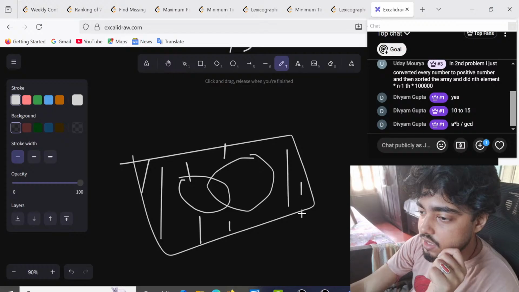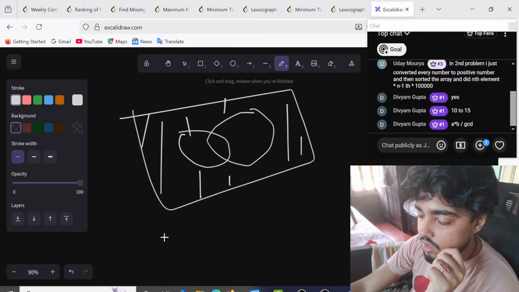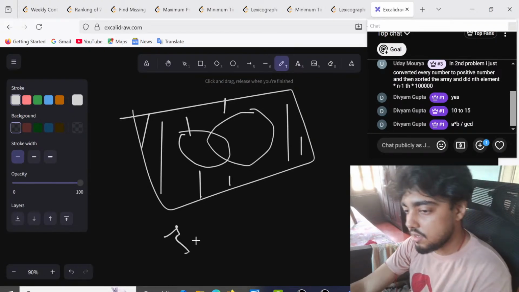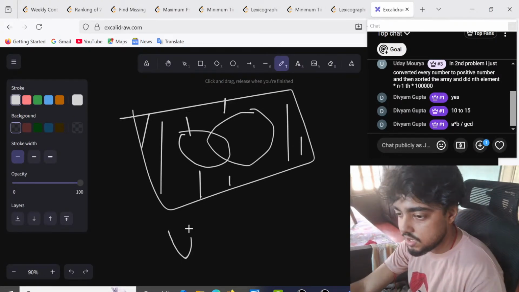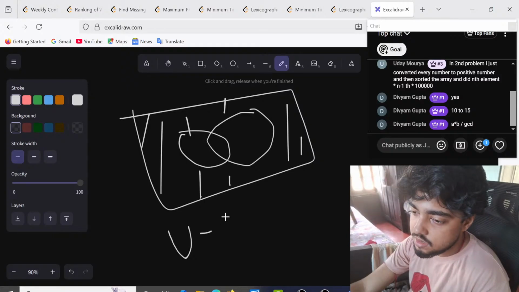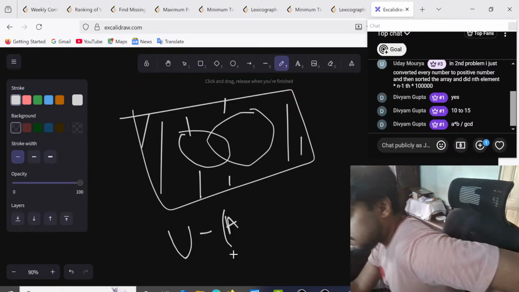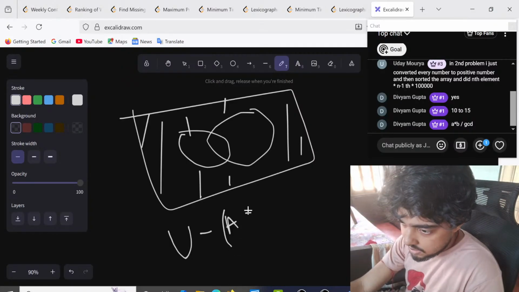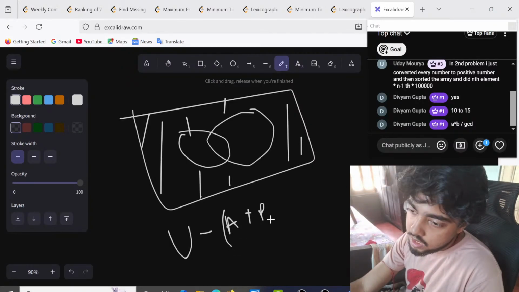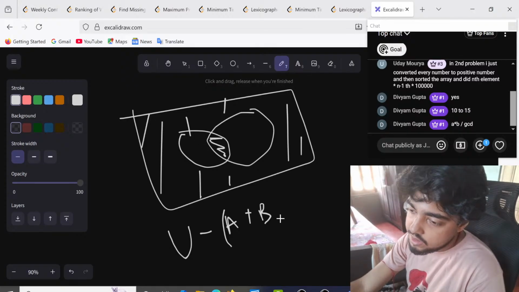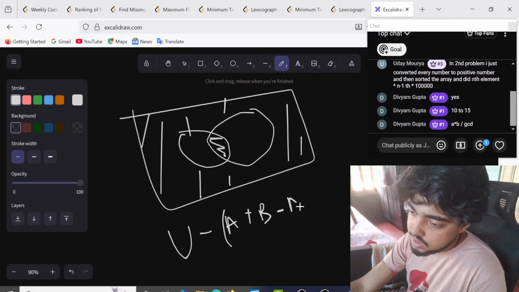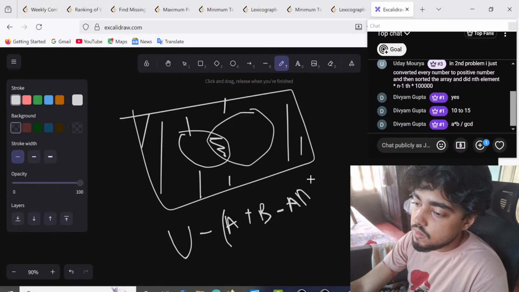This is nothing but the universal set minus A plus B. Now whenever you are using A plus B, this specific area is considered twice. So minus A intersection B. Correct? This is the formula.